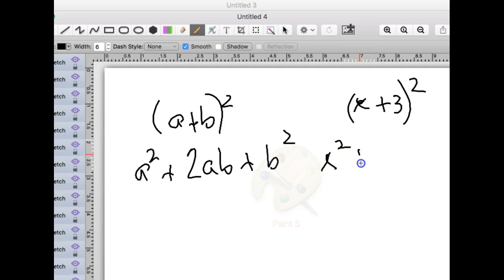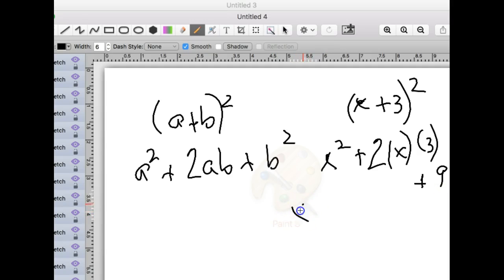A in this example is x and b is 3, so 2 times x times 3. And then plus b squared, which is plus 9. Ran out of room, but I'll put it right here. So we have x squared plus 6x plus 9.